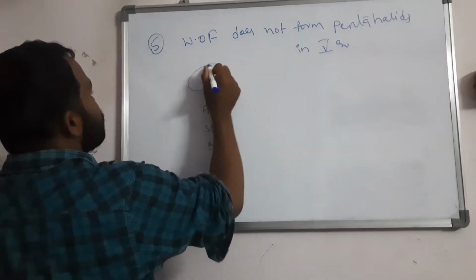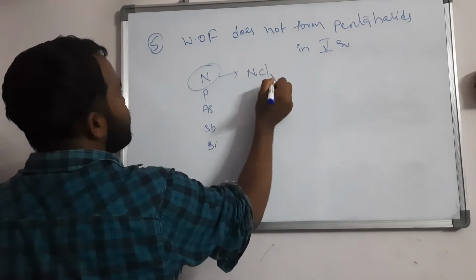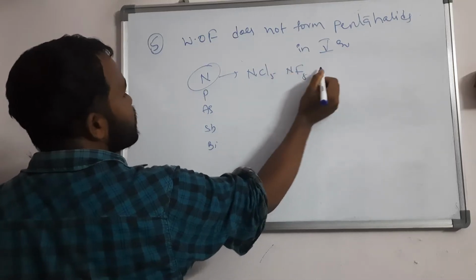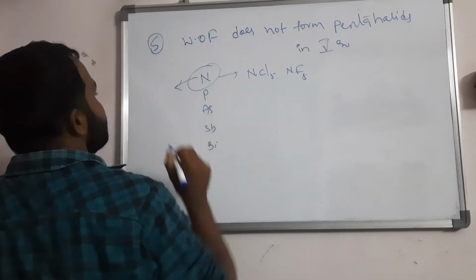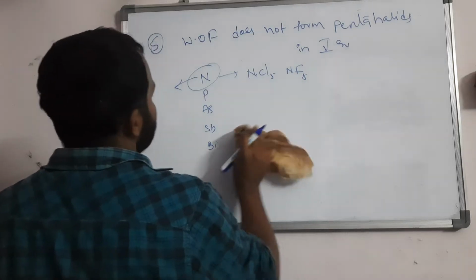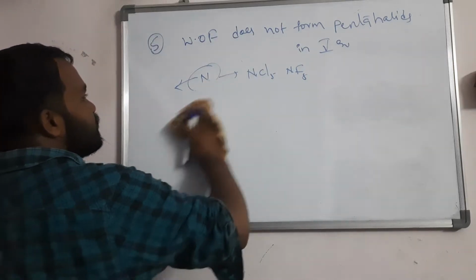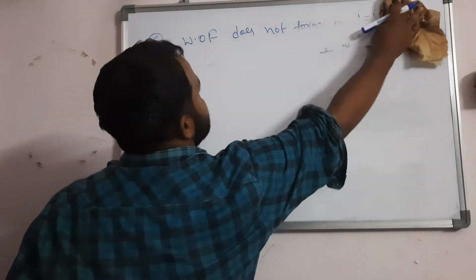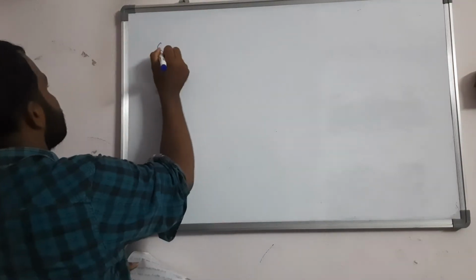Nitrogen, we never see NCl5 or NF5, NX5. Generally it forms trihalides, like NF3, NH3, NCl3. So the answer is nitrogen.